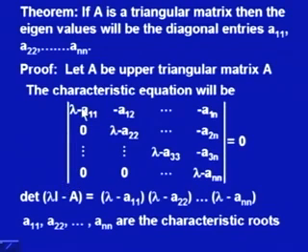But if we have a lower triangular matrix or upper triangular matrix, then you do not have to worry about the rest of the elements. You can simply write down the eigenvalues as A11, A22, An, the diagonal elements. So, this result helps us in finding out the eigenvalues of matrices.